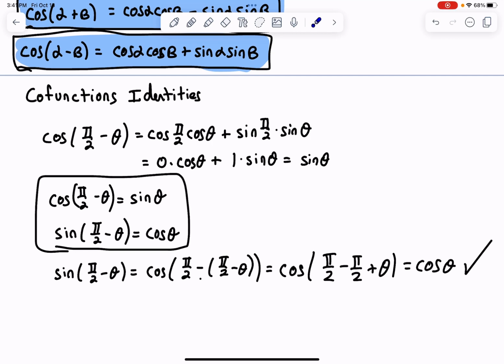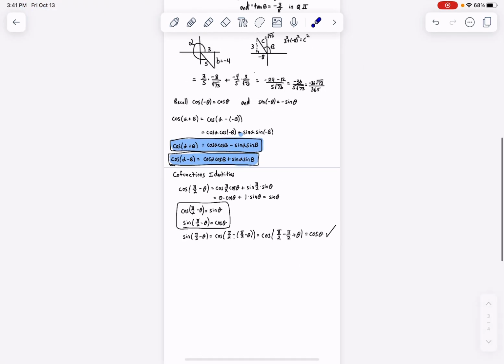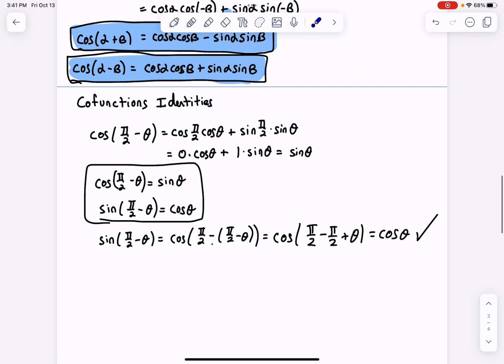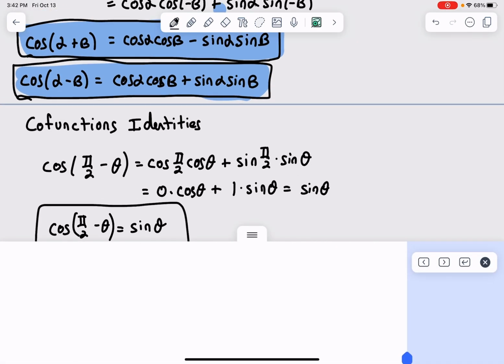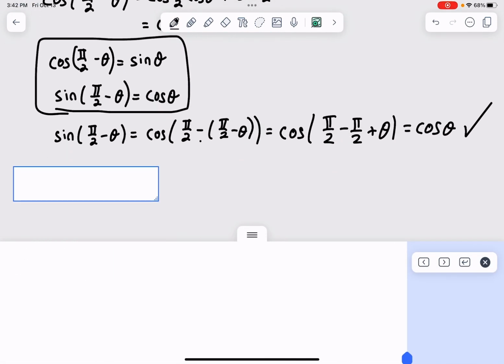Okay, so let's see how these two identities can help us now come up with similar formulas to this stuff right here, but for sine instead of for cosine. Because unfortunately, in the computations that we did, the sines didn't stick around in the derivation in the previous video. So we consider that.